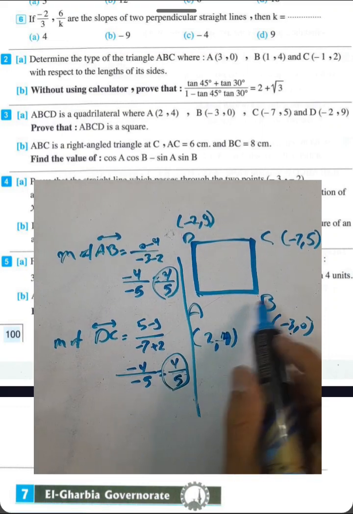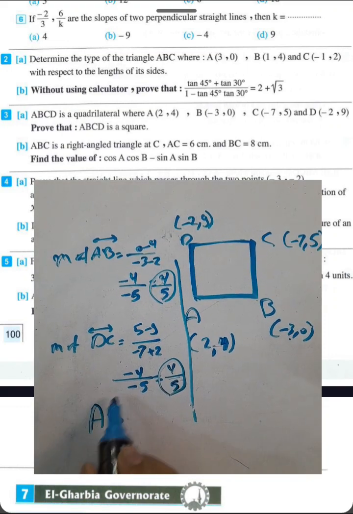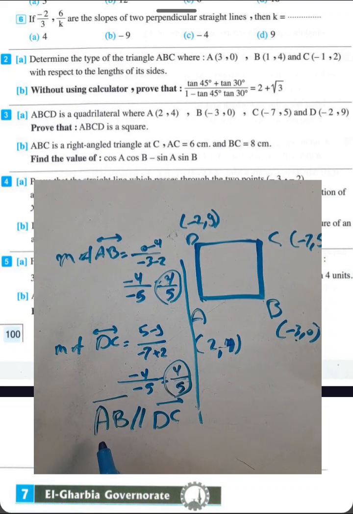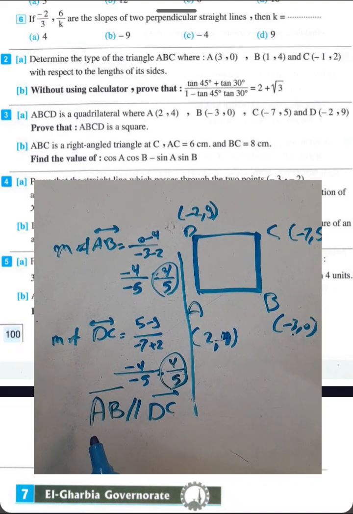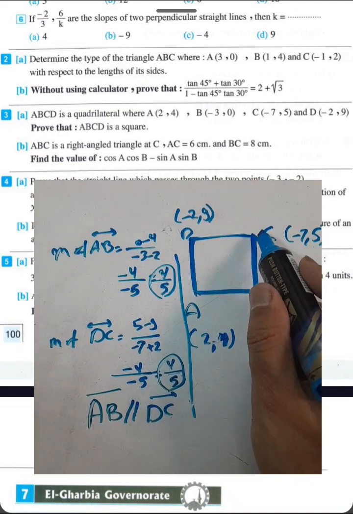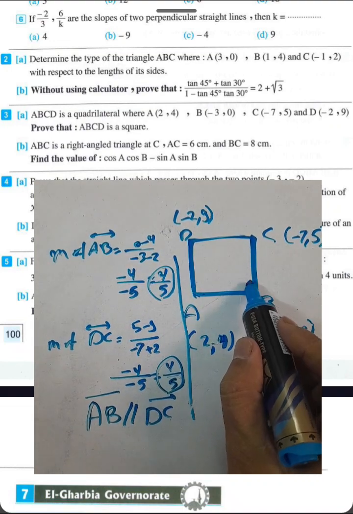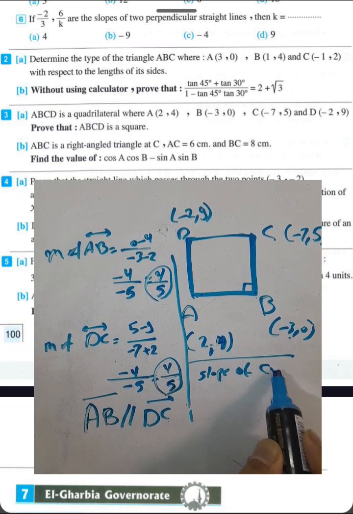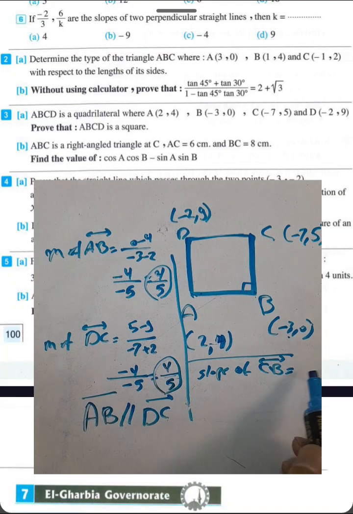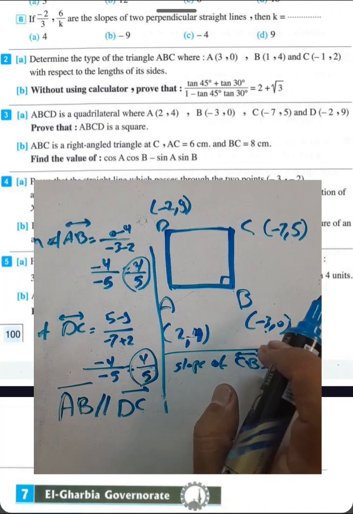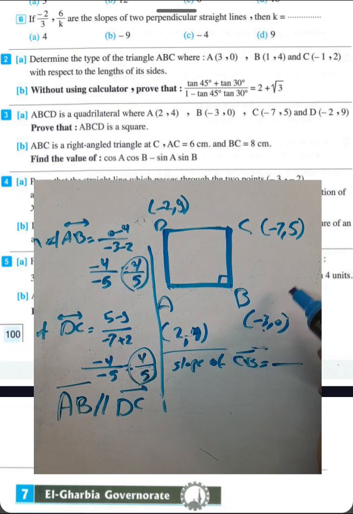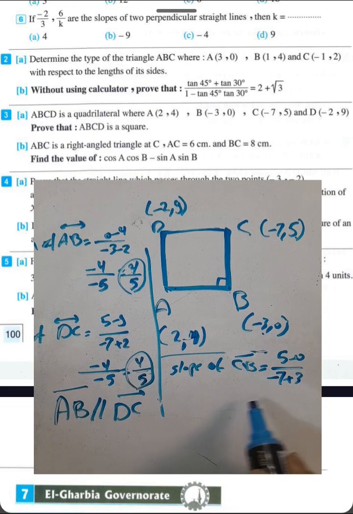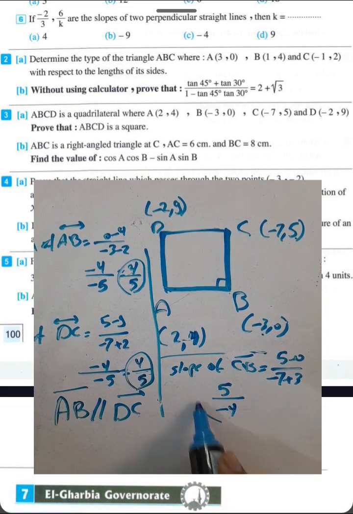The slope of AB equals the slope of DC, then AB will be parallel to DC, and you can prove that the slope of CB multiplied by the slope of AB equals negative 1. We can find the slope of CB. For this line segment CB, we find 5 minus 0 over negative 7 plus 3. The result will be 5 over negative 4.